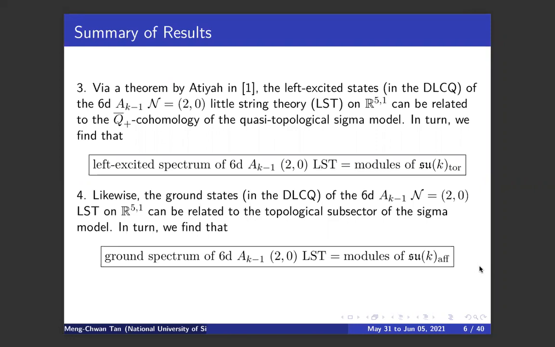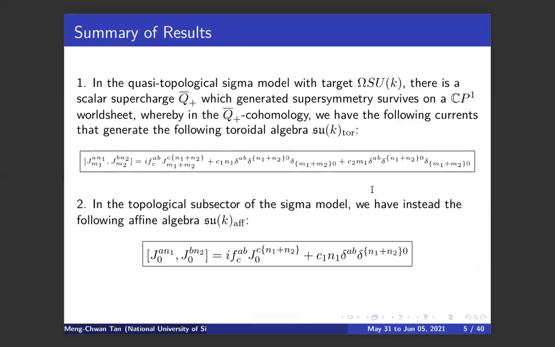All right, so the left excited states of the little string theory would be related to the left excited states of the quasi-topological sigma model, the 2-2 one. Then we have this conclusion that the left excited spectrum of the little string theory will be captured by modules of the toroidal algebra. That's because in the Q cohomology, in the excited spectrum, we have this toroidal algebra here.